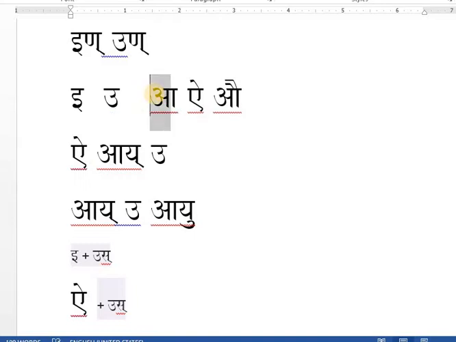It says that these three vowels are considered Vruddhi vowels. I taught this yesterday, or maybe in the video before. Out of these three, I will take place as Vruddhi in place of E. So E and U, E becomes Vruddhi, so it becomes I.